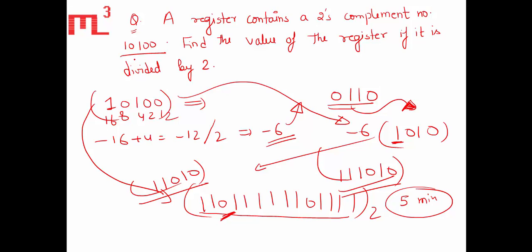The number given to you was 10100, and you know that it is a negative number. There are two operators in computer science or digital electronics: right shift and left shift. Right shift implies divide and left shift implies multiply.